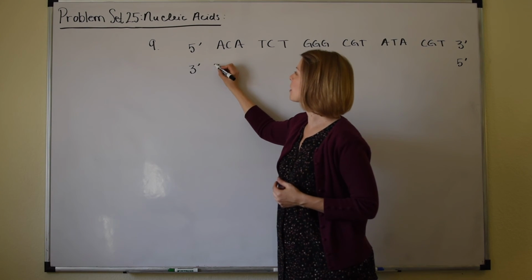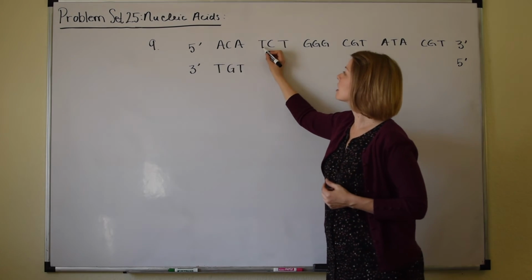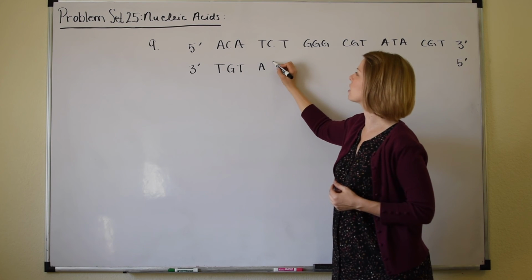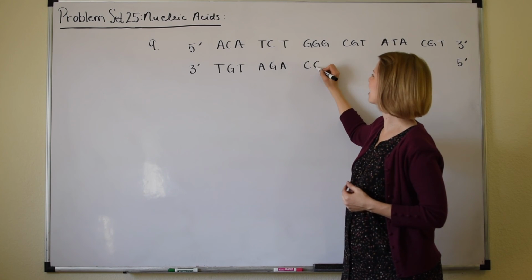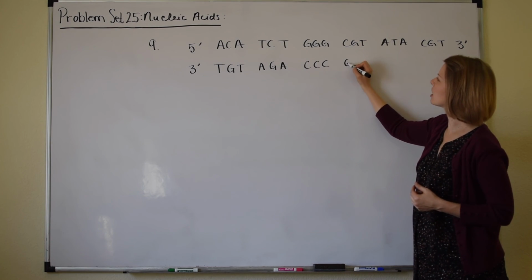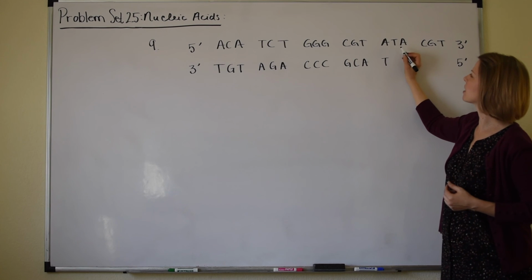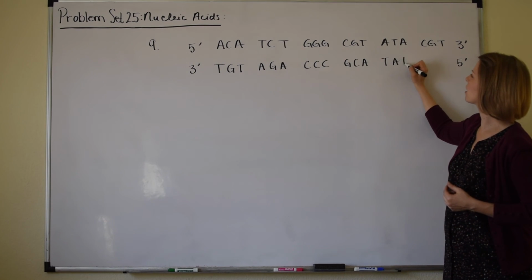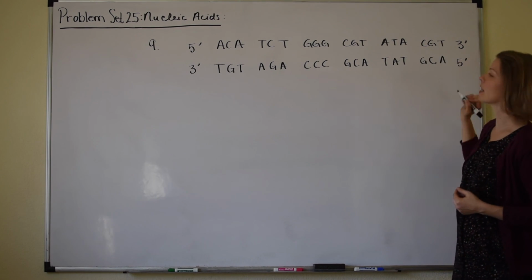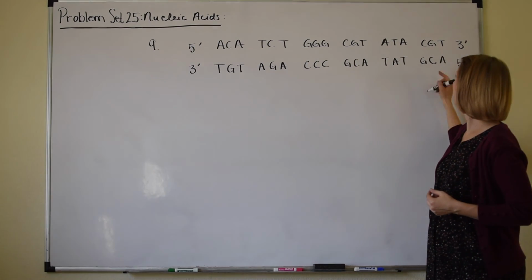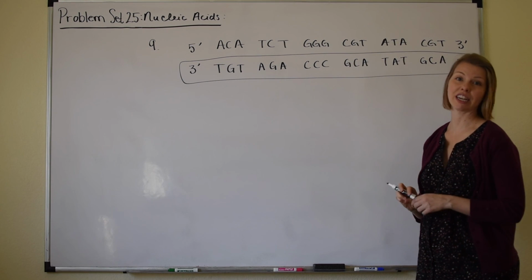A, always complementary base pairs to T, C to G, A again to T, T complementary base pairs to A, C to G, T to A, G, G, G, that's easy, C, C, C, C to G, G to C, T to an A complementary base pairs to T, T to an A to a T, C to a G, G to a C, and T to an A. So this would be our complementary strand for this sequence here.